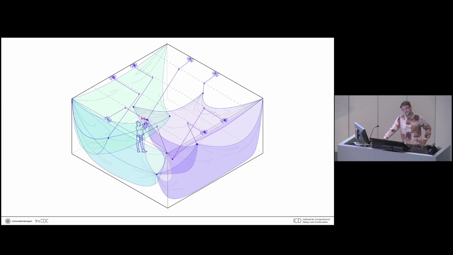So although the machines in this project are not mobile, they're distributed throughout the space, and it's only through their collective action that they can change the spatial quality of the fabrics that they control.